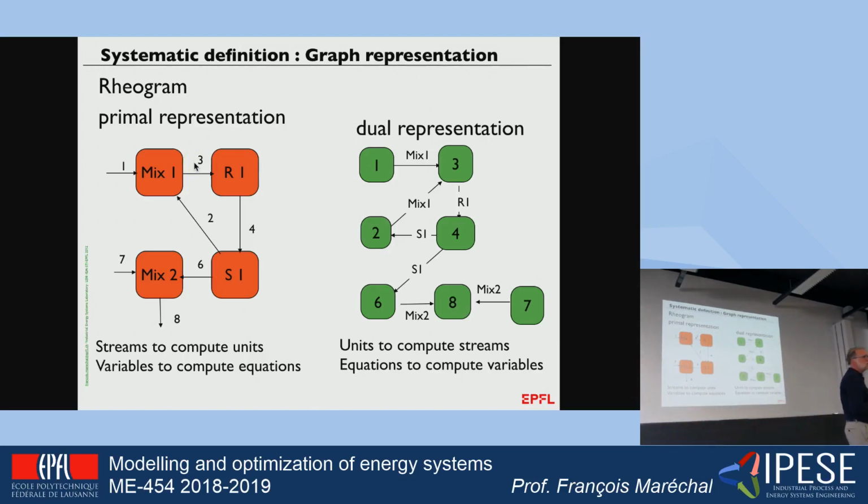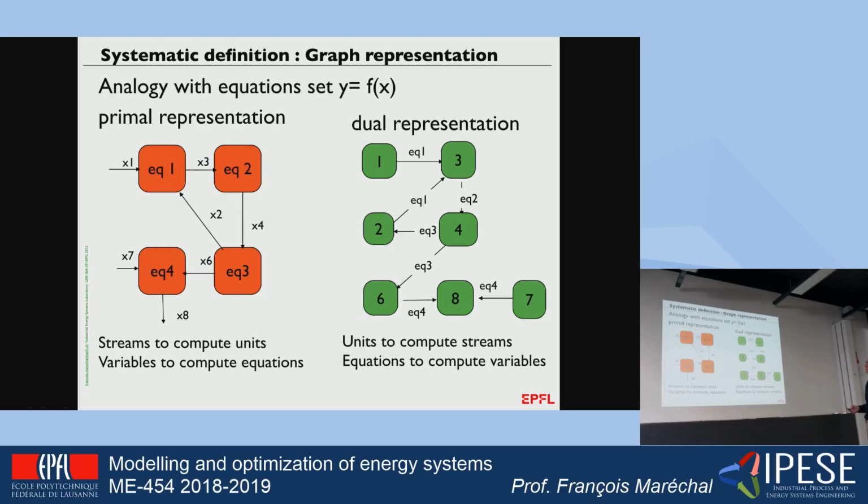I'm going to use this property in order to define the sequence. Something which is important to realize is that I'm talking here about units, but I could also do it with equations, which is interesting because then it allows me to use the same kind of tricks to identify the sequence of equations if I want to solve a set of equations in a sequential way.